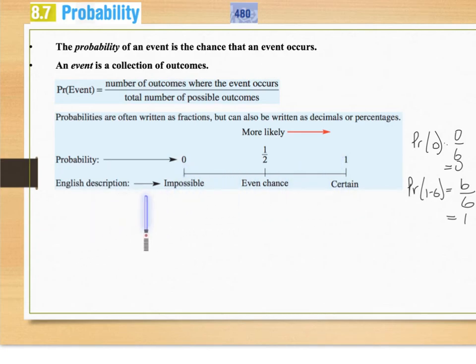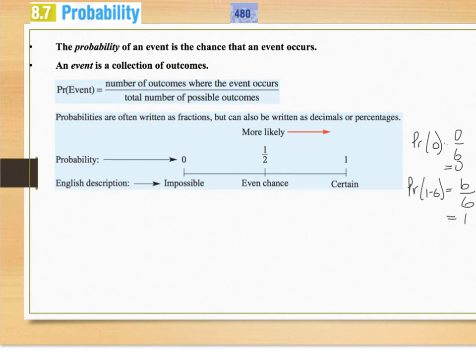Now, in English descriptors, you need to understand this. If I have a 0, it means it's impossible. What's the probability of getting a 0 when I throw a dice? It is impossible. What's the chance of getting a 1 to a 6? Well, that is certain. What's the chance of getting an even number? That is a half, and that means there's an even chance for us to get that.